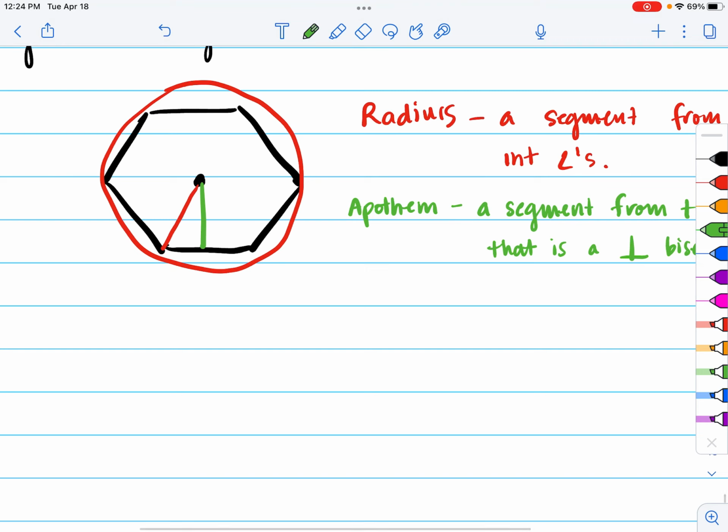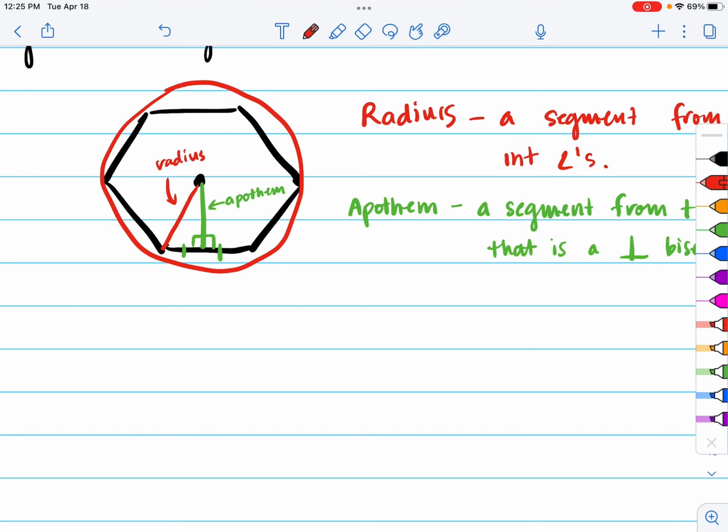Meaning, 2 things. 1, these 2 segments are congruent, and 2, it creates a 90-degree angle. Okay? So we have an apothem, and we have a radius. These 2 are going to be very important in actually calculating area, because we might be given a radius, we might be given an apothem, we don't know.